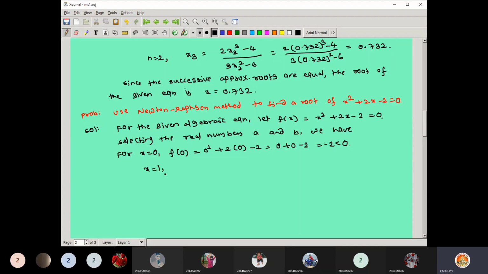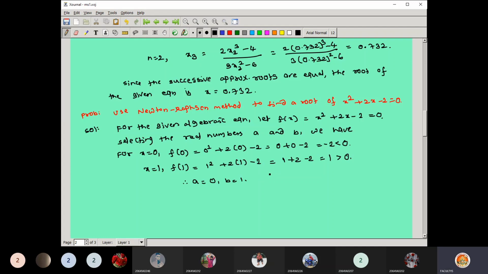Next you are substituting x equal to 1, so that f of 1 equal to 1 square plus 2 into 1 minus 2, which is 1 plus 2 minus 2. So what is the answer? You are getting 1. This is greater than 0. So because you are getting opposite signs, you can stop the process. Therefore your a value is 0 and b value is 1.